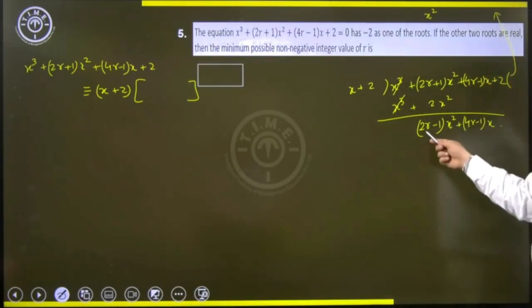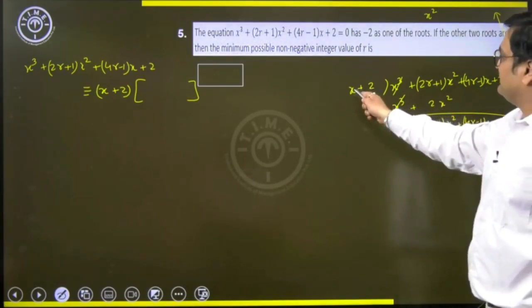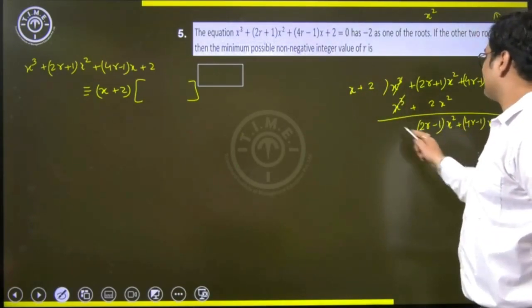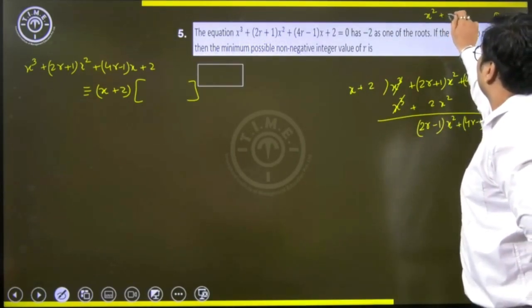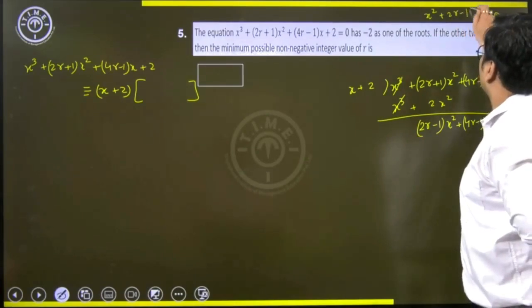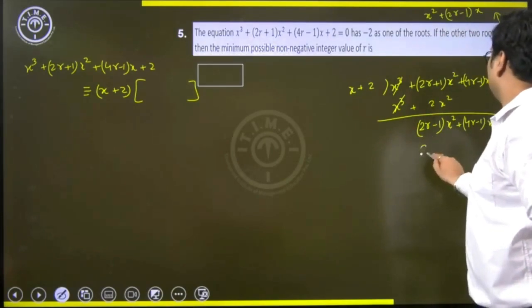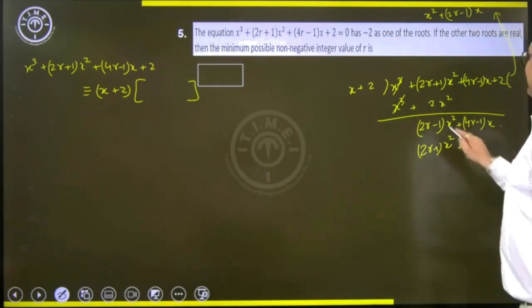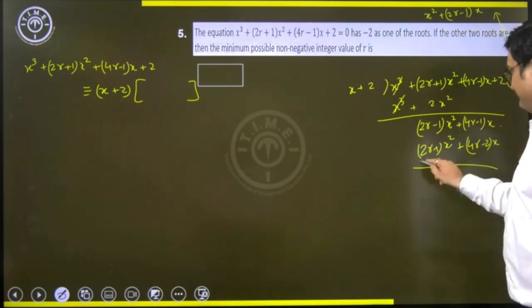Now, again you divide the largest term of the present dividend by the largest term of the divisor, that is x. So, (2r minus 1) x square by x will give you 2r minus 1, into x. Let us multiply. x into (2r minus 1) x will give you (2r minus 1) x square, plus 2 into (2r minus 1) will give you (4r minus 2) into x. Subtract.